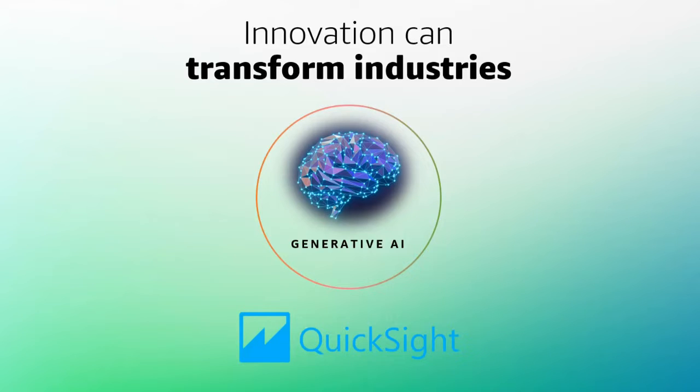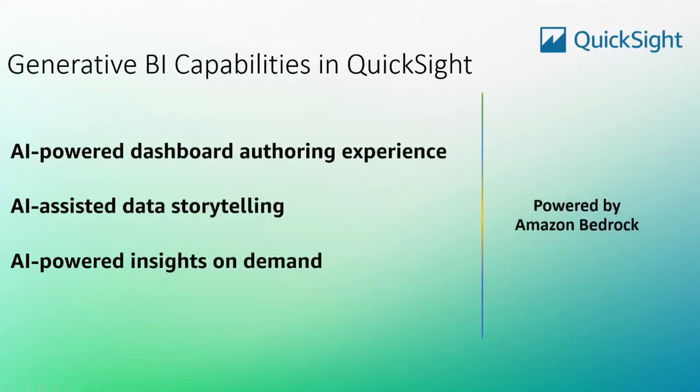We applied this generative AI transformation in QuickSight, and we call it generative BI. Here are the three major capabilities that generative BI with Amazon Q in QuickSight is going to offer.